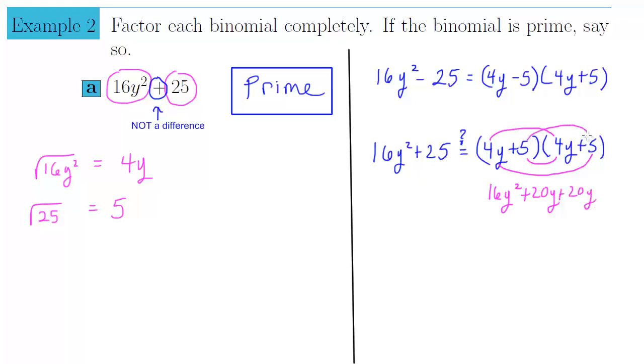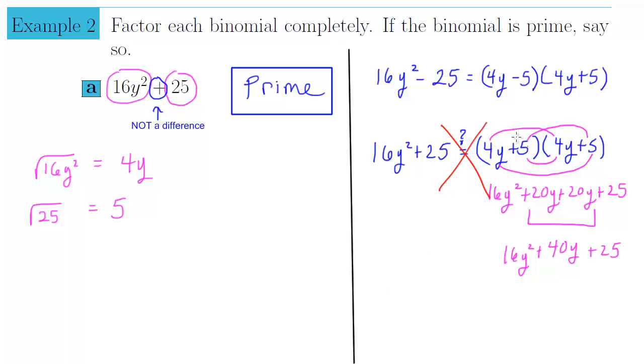And then 5 times 5 is going to be plus 25. So you notice in the middle here you end up with 40 y's. So altogether this product is equal to 16y squared plus 40y plus 25, which is not the same thing as this. Okay, so this is not true.